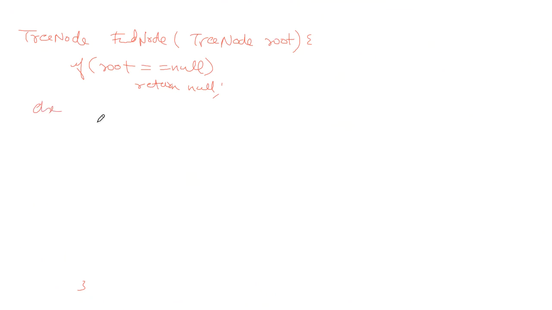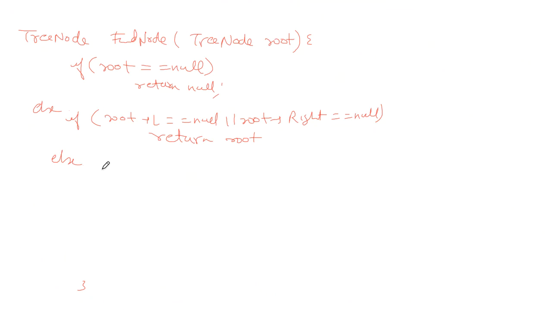Else, if root left equal to null or root right equal to null, then return the root. That is what I wanted, right? That is the node I am searching for, isn't it?